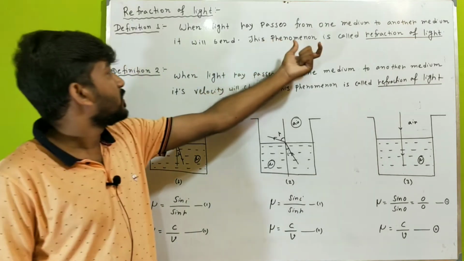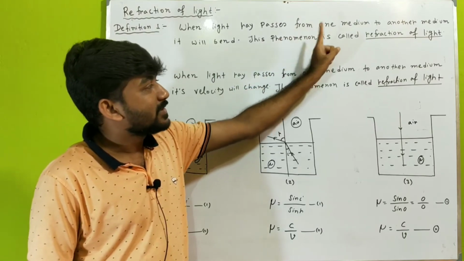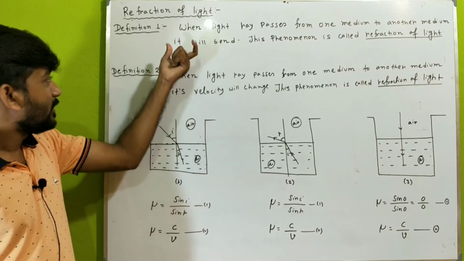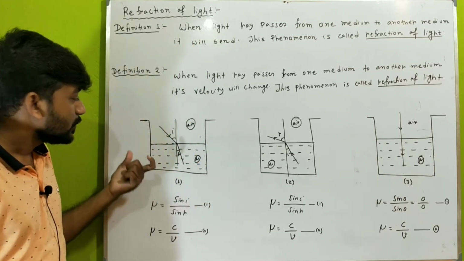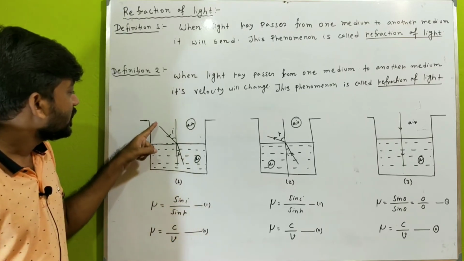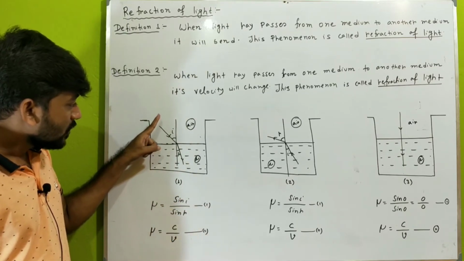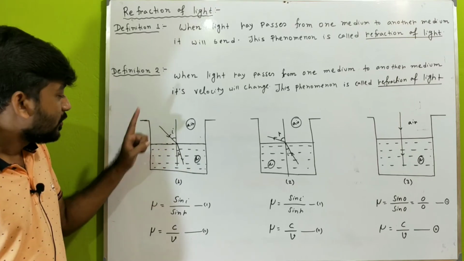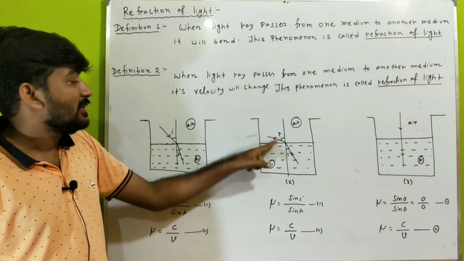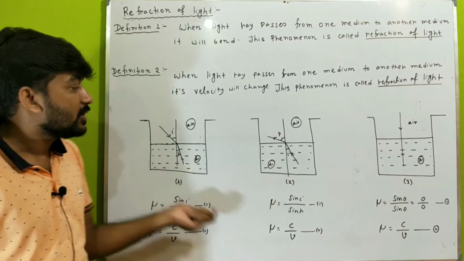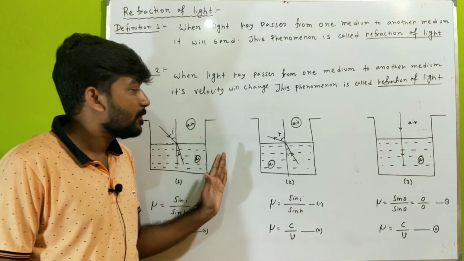According to this definition, when a light ray passes from one medium to another medium, it will bend, and this language fits these two diagrams, where the light ray is incident obliquely and will bend. Sometimes it will bend towards the normal, or sometimes away from the normal.